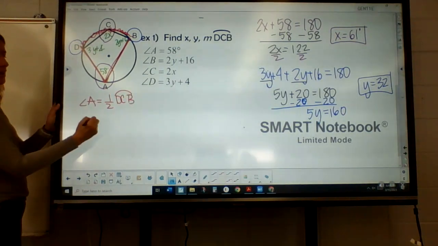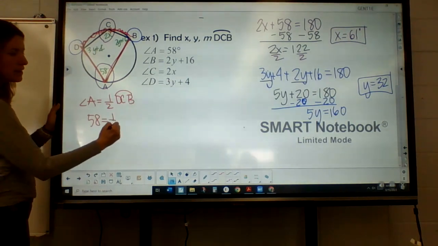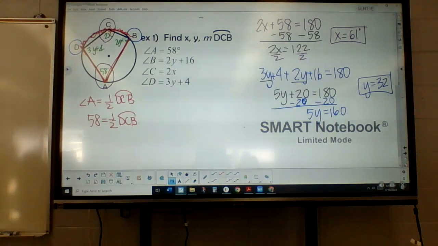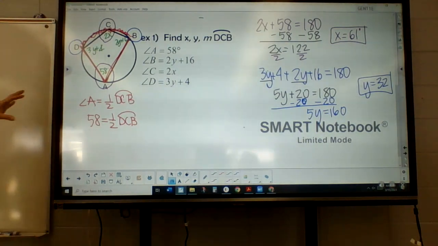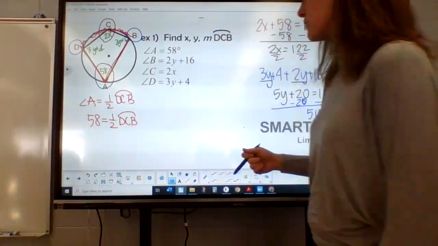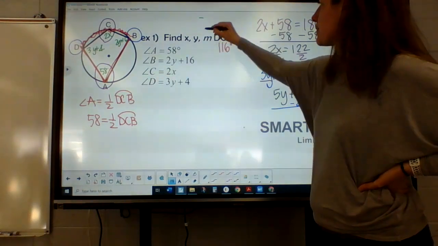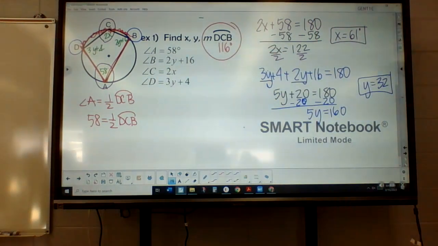So if I know the angle is 58, what do I do to find the arc then? Times 2. So the arc then is going to be double 58. So is that 116? Okay.